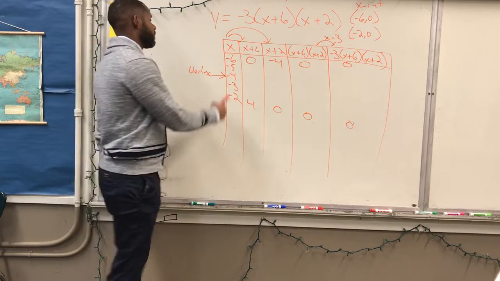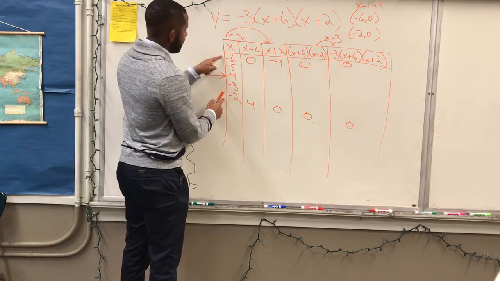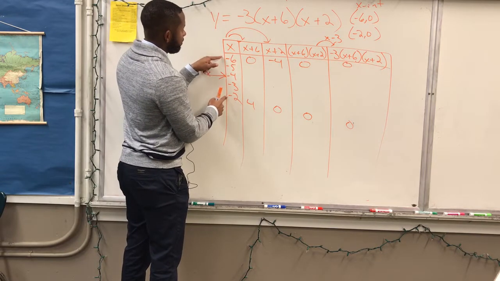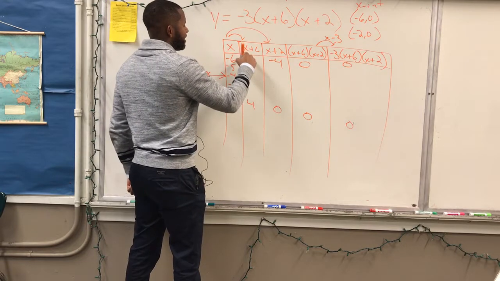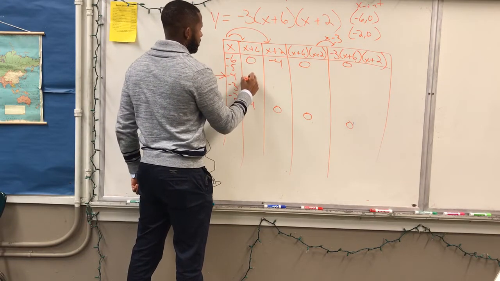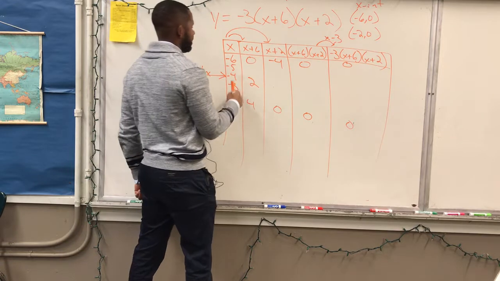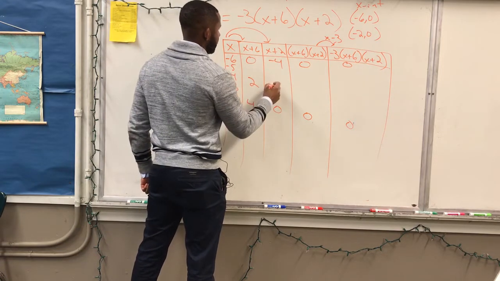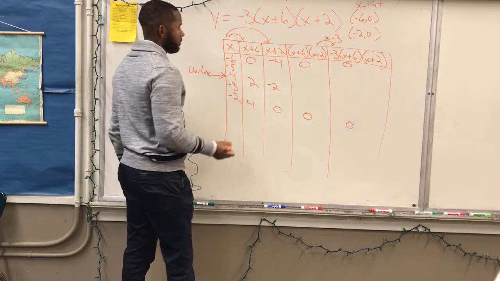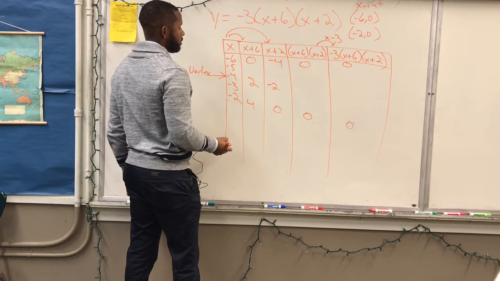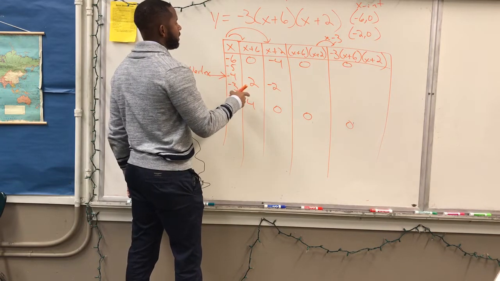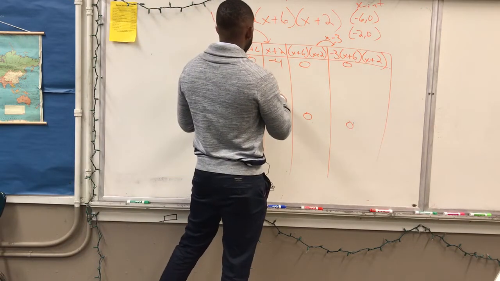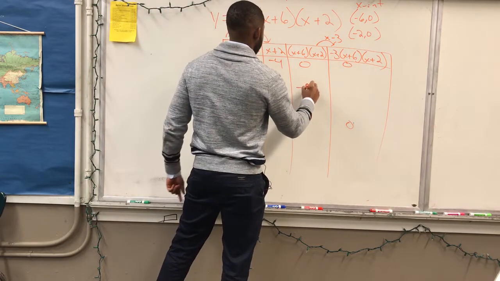And now if I want to find my vertex, I know it's at this point because it is the direct middle between both of my intercepts. Negative 4 plus 6, what is that? 2? Yeah, negative 4 plus 6 is 2. Negative 4 plus 2 is negative 2. Negative 2 times positive 2 is negative 4.